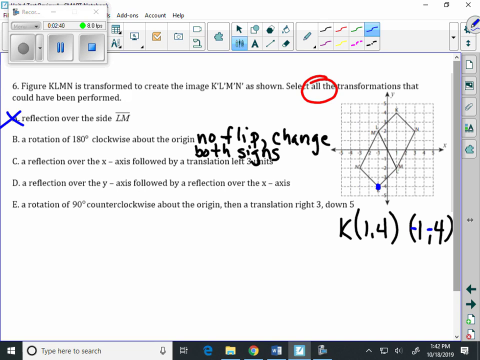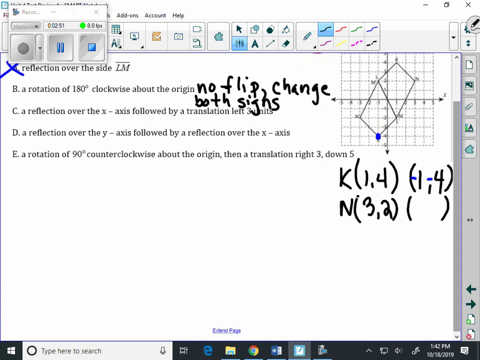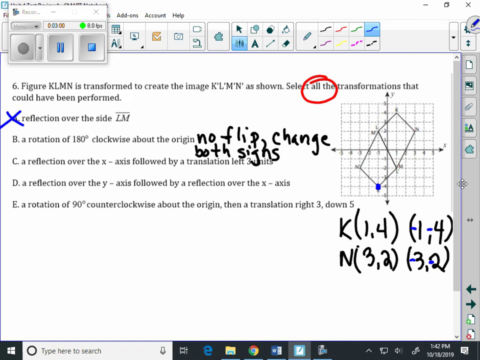So let's pick another point. Let's pick point N. And N, the ordered pair, is 3, 2. Again, 180 clockwise means no flip. Now we're going to change both signs. -3, -2. There's N. And we can even do a third point if we picked point M. Again, the OST likes to trick us.